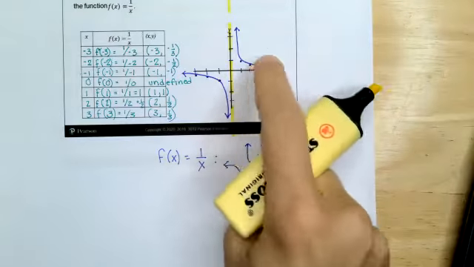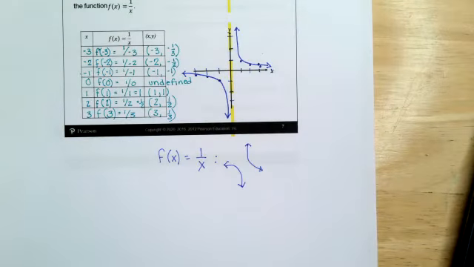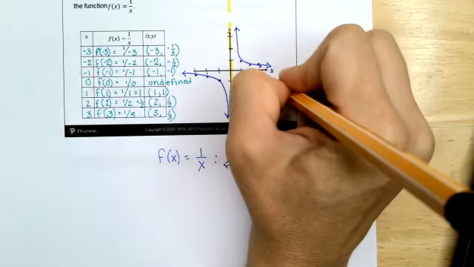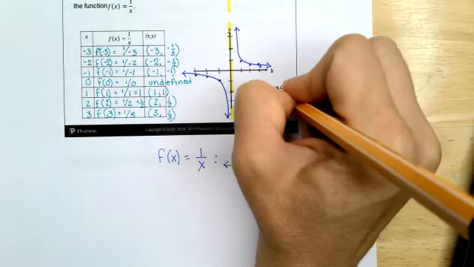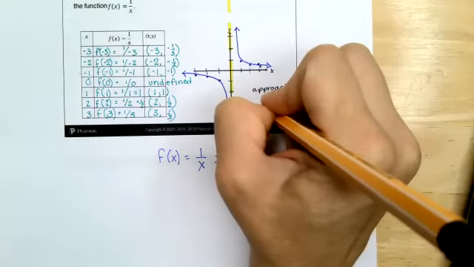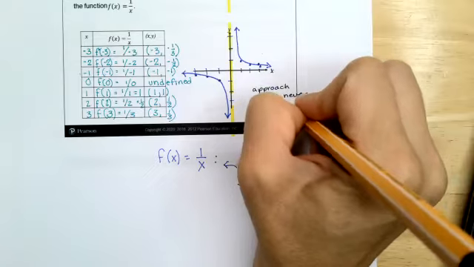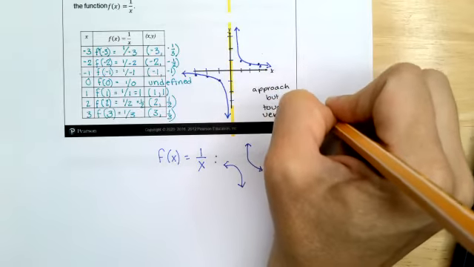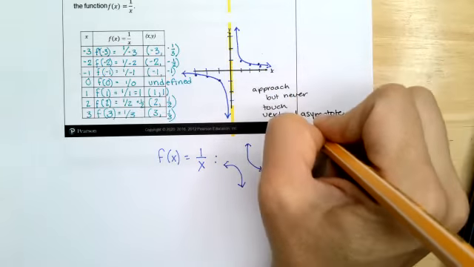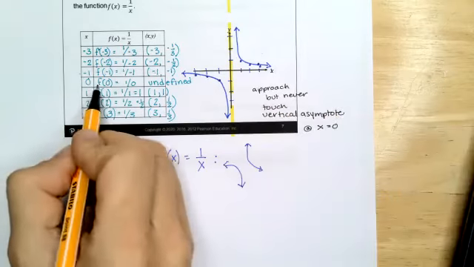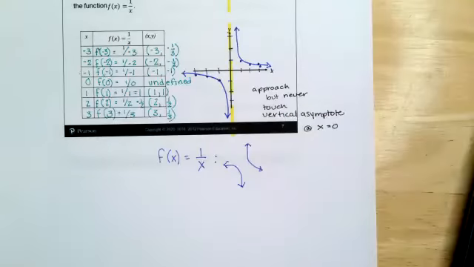Those two sides of the graphed equation are going to approach and never touch the vertical asymptote at x equals 0.